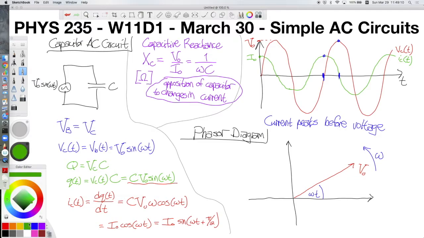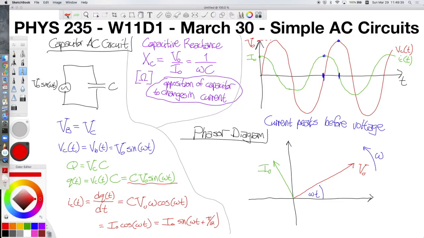But for a capacitor, we no longer have our current lined up with the voltage like we did for the resistor. We'll turn out the current arrow, that was terrible. We'll point it out in this direction, where this vector again is I0, the maximum value of the current.